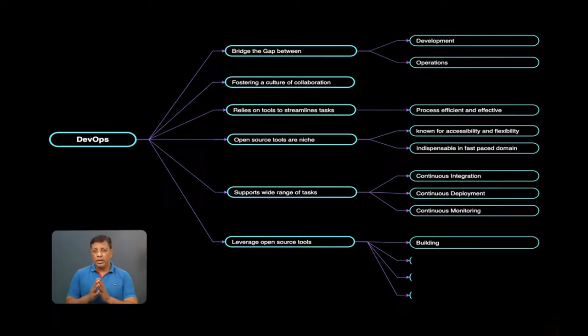In the following sections, we will take a closer look at some of the best open source DevOps tools that are shaping the industry. We will start with continuous integration tools.